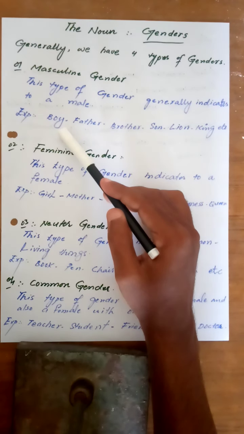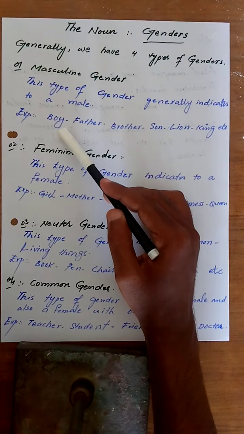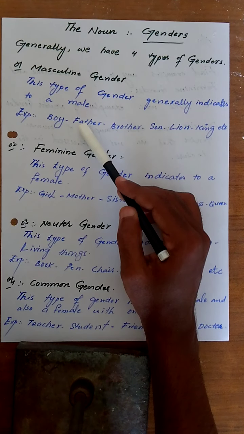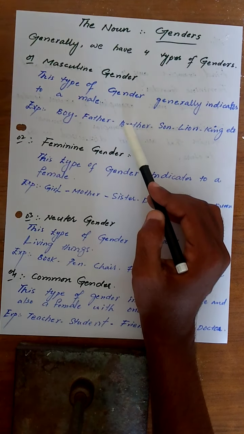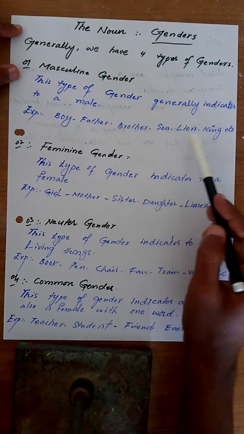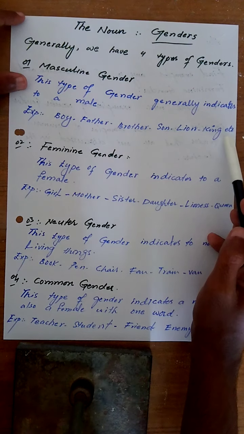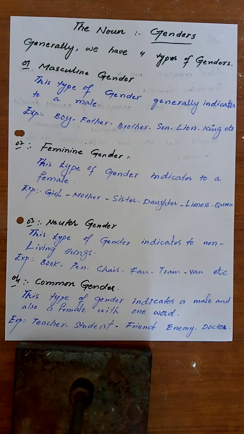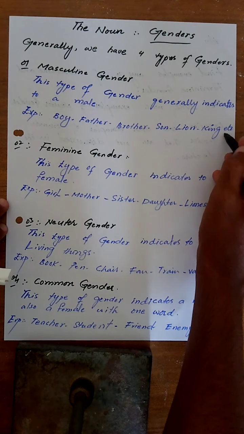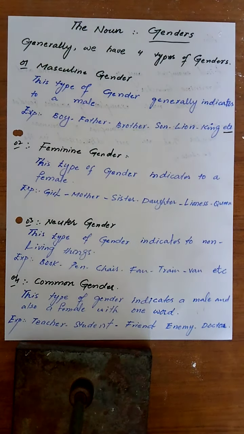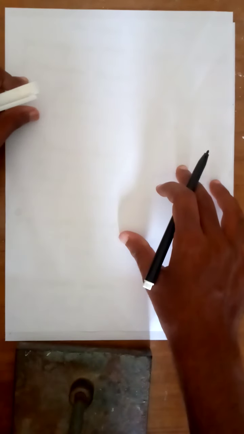Examples are boy, father, brother, son, lion, king, etc. And students, as many of you do not know the full form of this etc, what is the full form of etc?